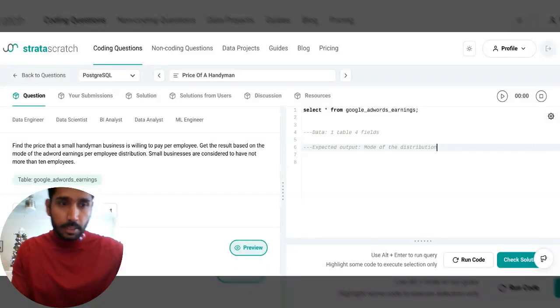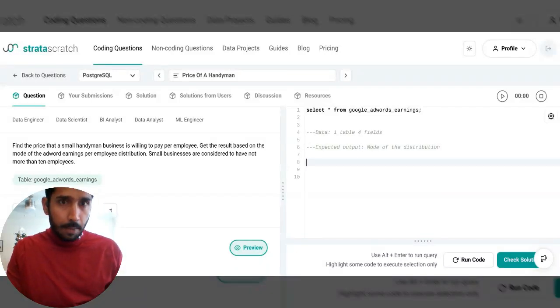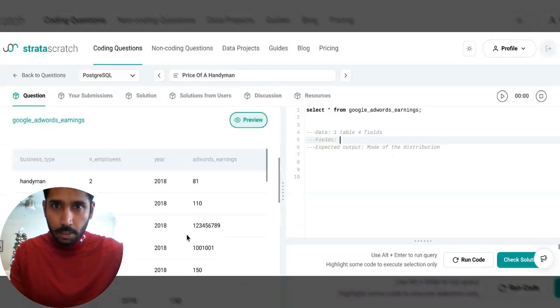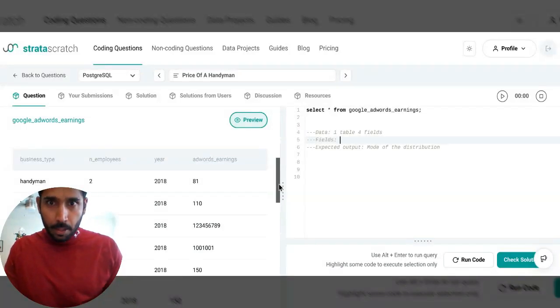This is a fun question. I do want to capture some of the fields that we might need to use while building this logic. We need to compute the price per employee based on AdWords earnings.